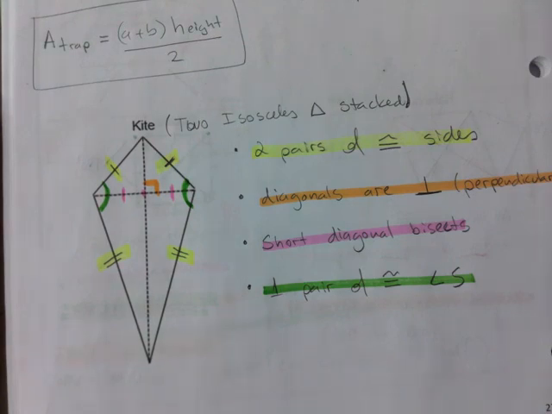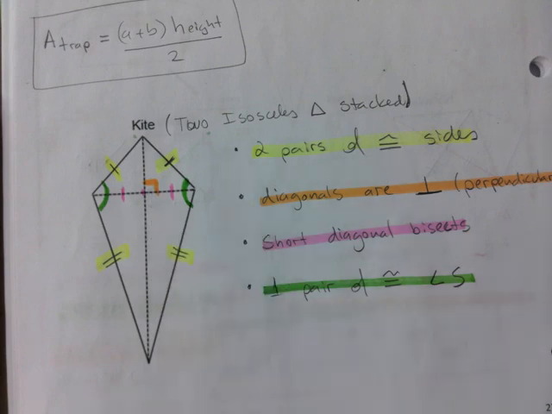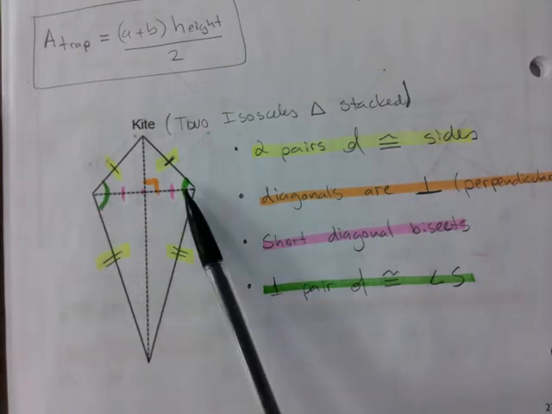What do all quadrilaterals add up to when it comes to angles? Yes, they're always 360, all of these. Look at the fact that it's two isosceles triangles stacked. Would it make sense that the green angles are the same on this kite?